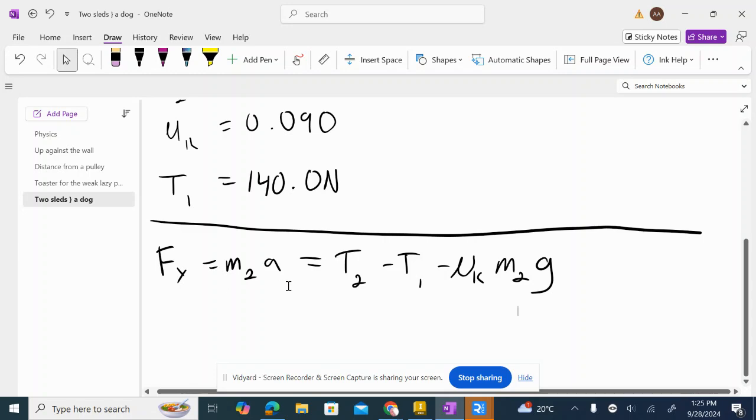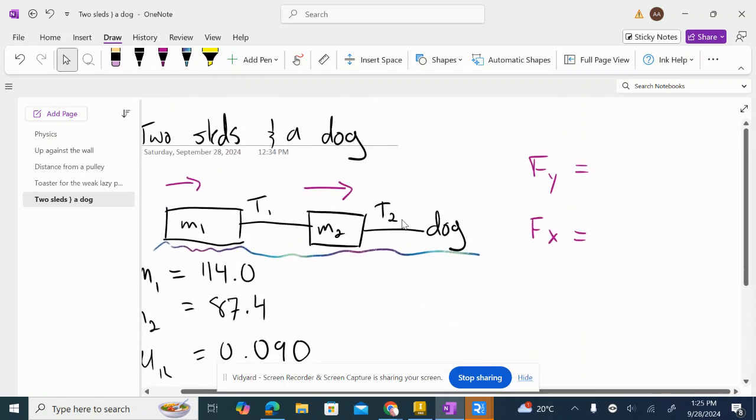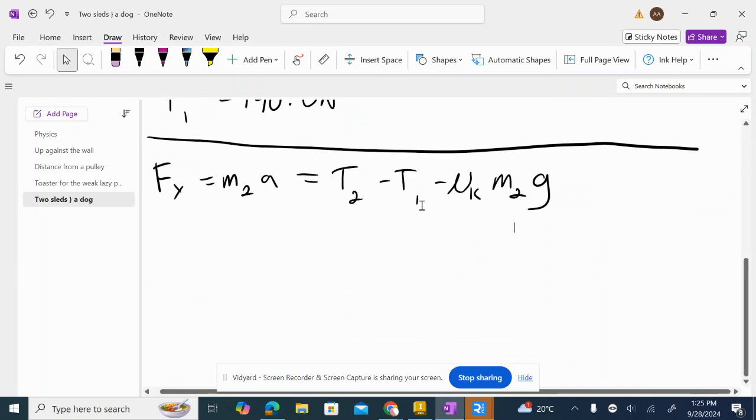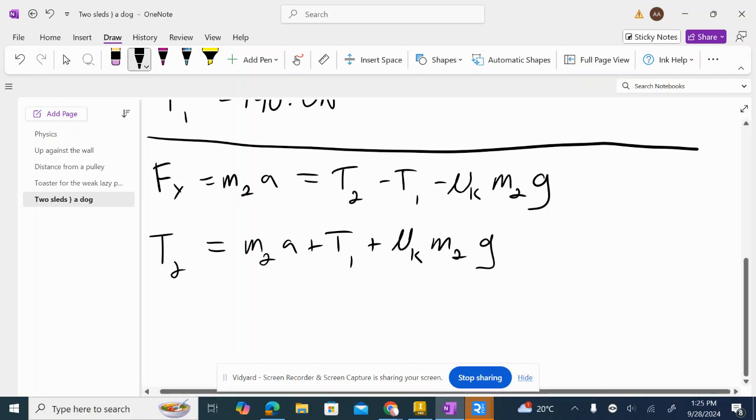We rearrange that because we want to solve for T2, the tension in the second rope. I don't think I mentioned that. So T2 is equal to M2a plus T1 plus mu k M2g.